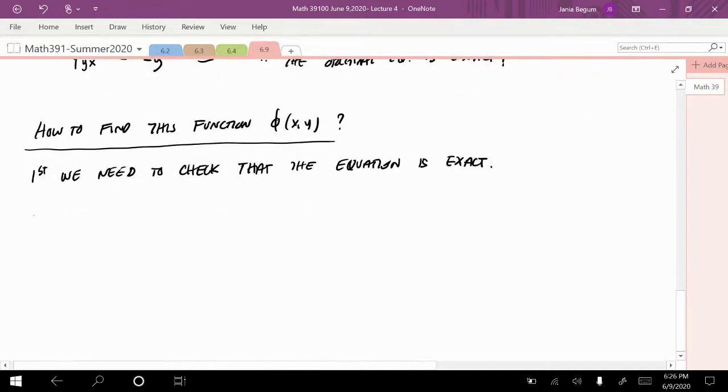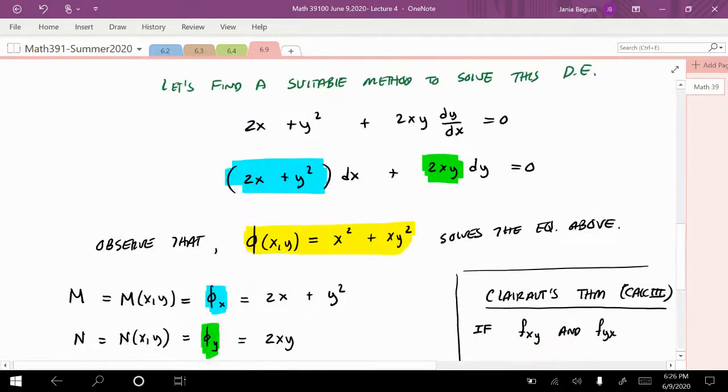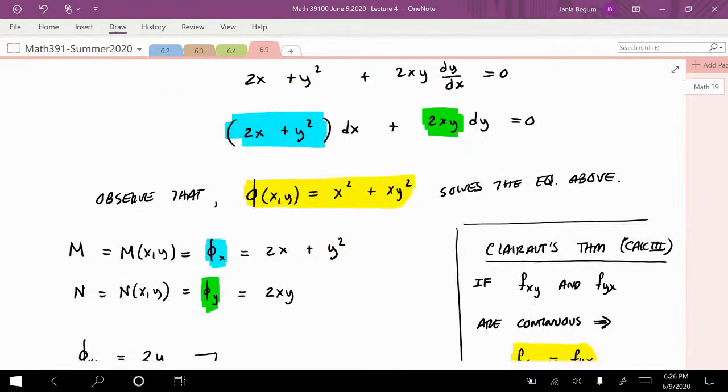But suppose we're given the following. So what are we given? We're given the differential equation in this form. So here we have this magical function, right? And we're calling this M. This function is called m of xy.